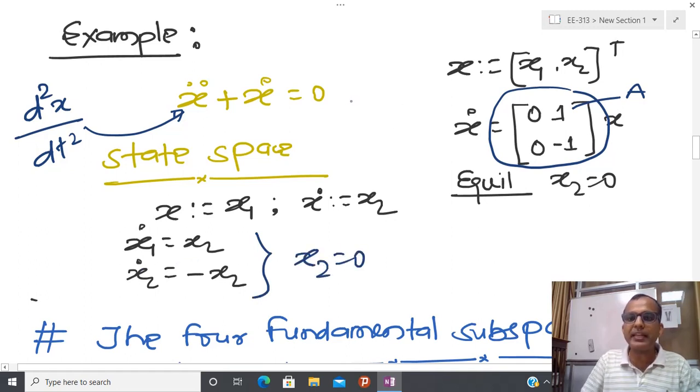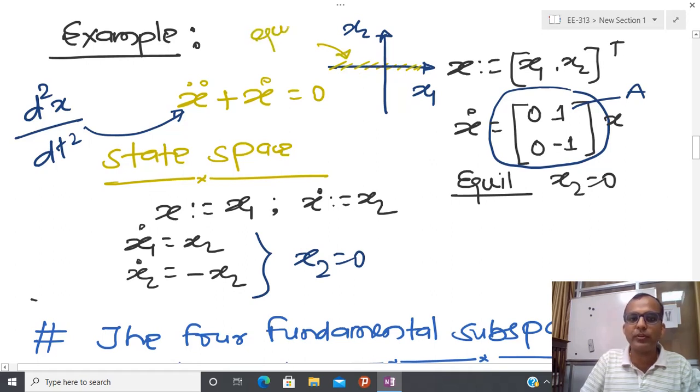And if you represent x2 equal to 0 in this space, because I have a two-dimensional system, a two-dimensional system can be represented like this. This is x1 and x2, and I am telling x2 equal to 0. So if you plot x2 equal to 0, it means that this whole line from here to here represents x2 equal to 0. So this is the equilibrium point.